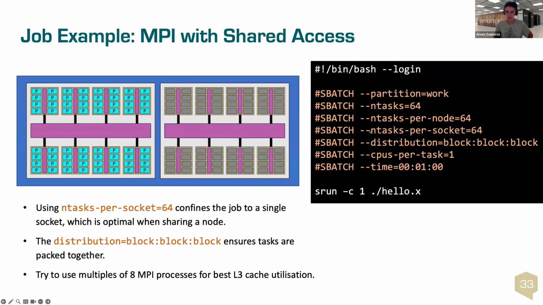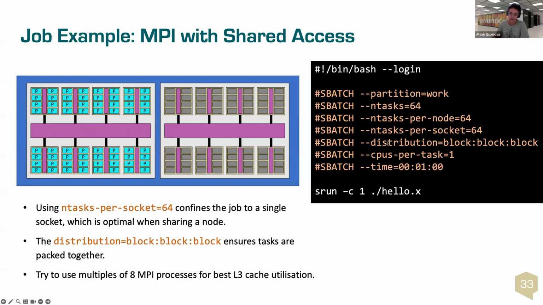So let's say this one is only doing 64 tasks in the style of MPI, 64 tasks per node, and we are telling 64 tasks per socket. So we are telling everything to be done in a single socket or in a single CPU with 64 cores.